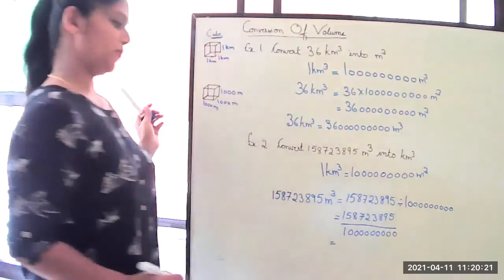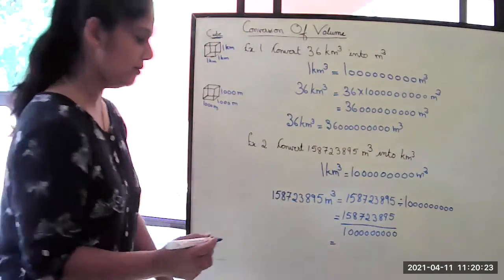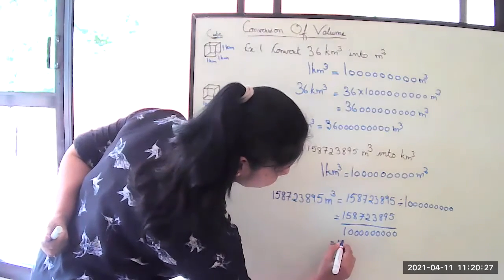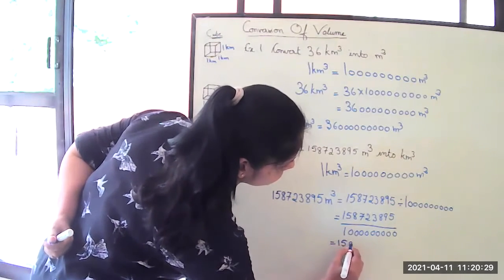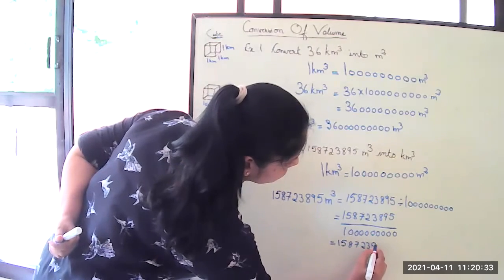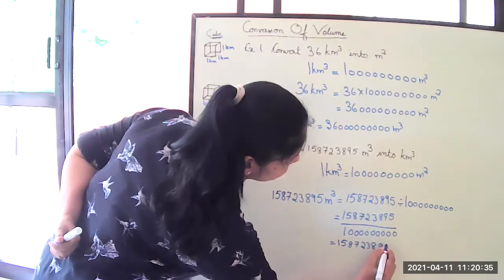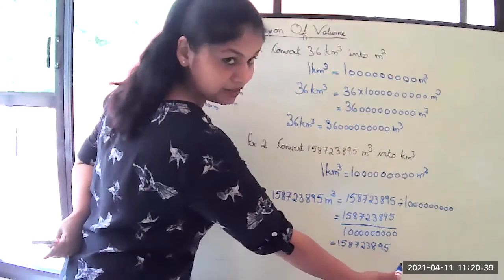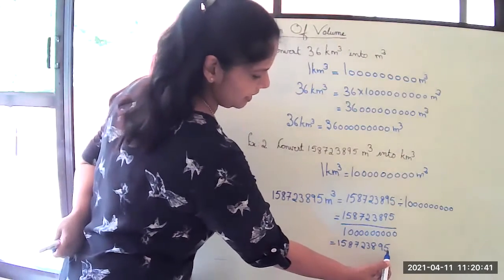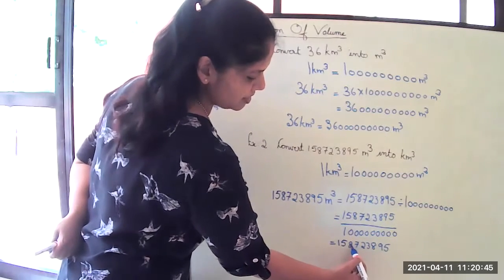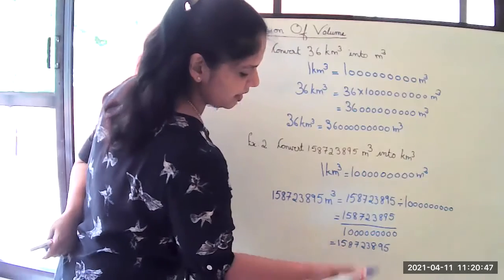So now we have 9 zeros there. So we have to count 9 from your right hand side to the left: 1, 2, 3, 4, 5, 6, 7, 8, 9.